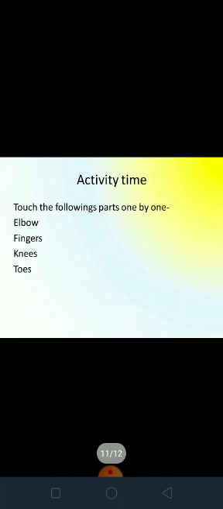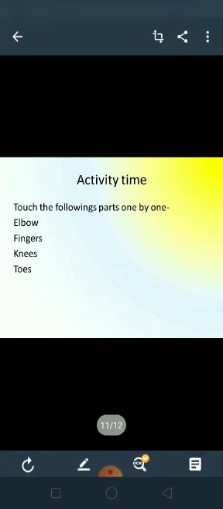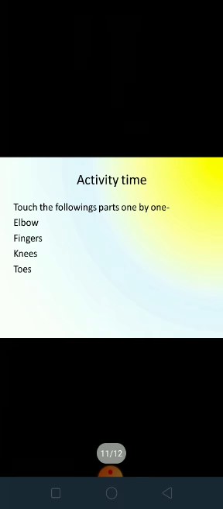If you are sitting cross-legged, your knees are in a different position. You are standing, they are in a different position. You are sitting on a chair, they are in a different position. We can sit in these different positions only with the help of our joints. Our toes also have joints. So we'll be discussing the types of joints in tomorrow's class.